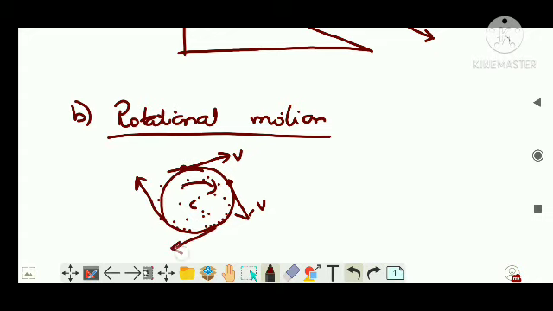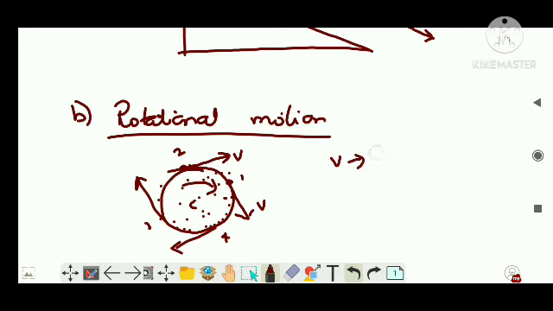So I can say that these particles 1, 2, 3, 4 all have velocities in different directions. So the velocity has different directions on the edges, but the particles on the edges of the disk have velocity of the same magnitude.